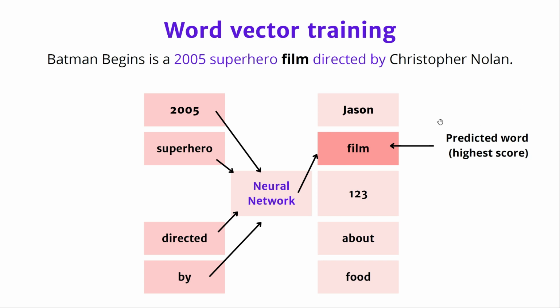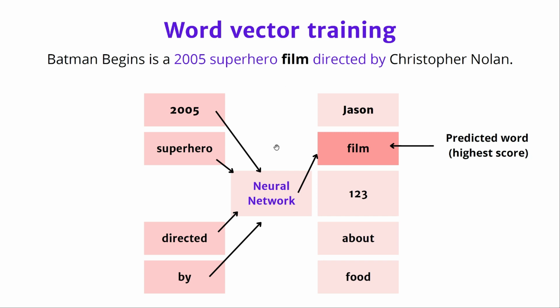Essentially, for a given word, for example film, after the whole training is done on the whole corpus, maybe 100,000 or 500,000 such 5-word contexts, we are going to collect the weight vectors of the last layer of the neural network that connects to film.